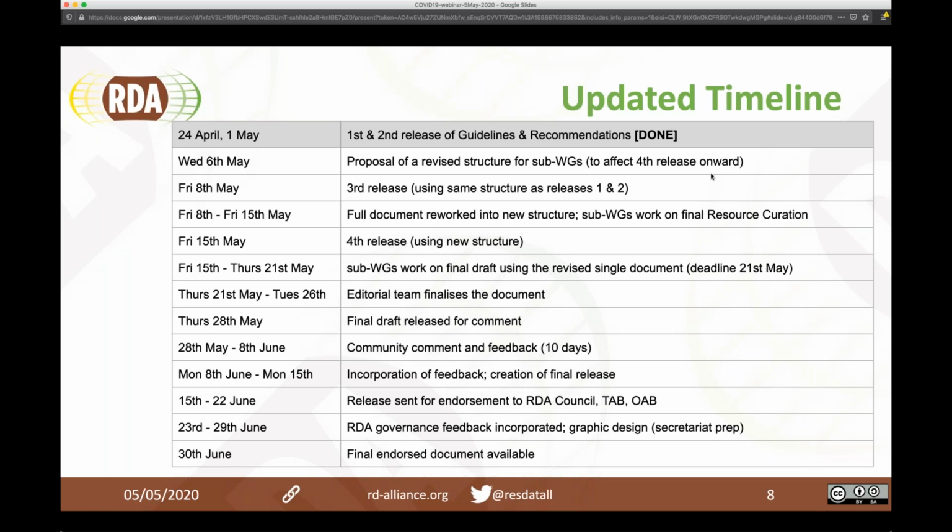So just a couple of minutes on the updated timeline. As you can see, the sprint approach, which we started with a few weeks ago, continues. The third release in the current structure will be this Friday.